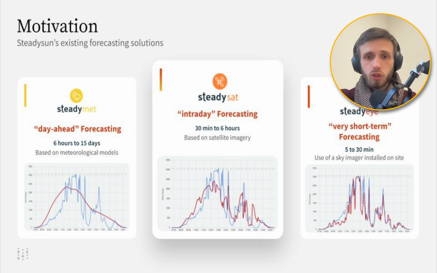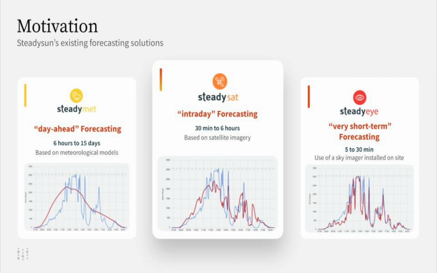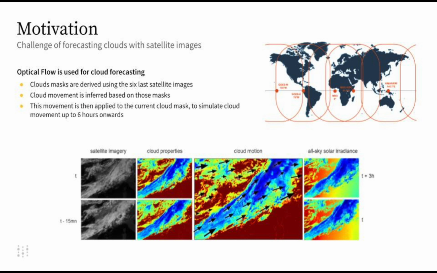It enables short-term forecasts from a few minutes to several hours ahead. In this solution, we rely on geostationary meteorological satellites that provide multispectral images and that allow a global coverage with a spatial resolution of 1 kilometer up to 500 meters and a temporal resolution of about 10 to 15 minutes.